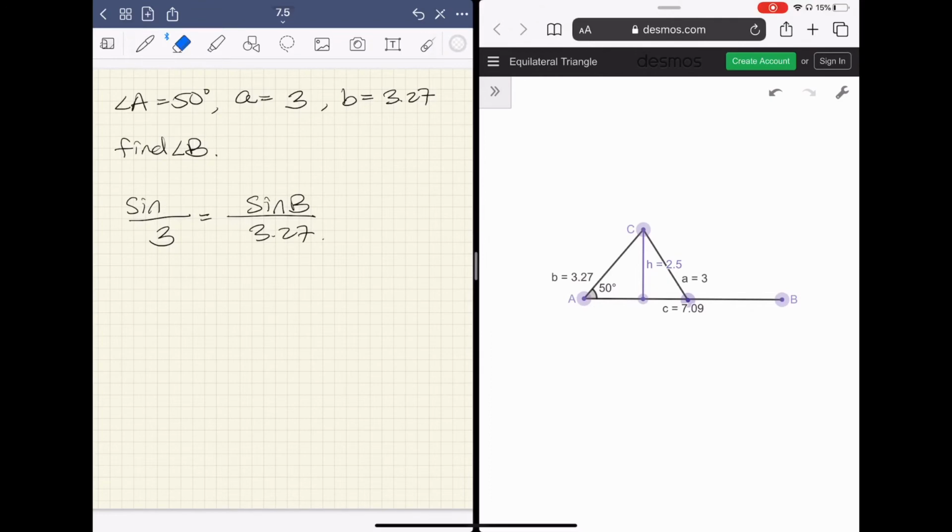We know that A is equal to 50, so we'll use cross multiply. 3.27 times sine 50 is equal to 3 sine B. And so to find sine B, we divide both sides by 3.